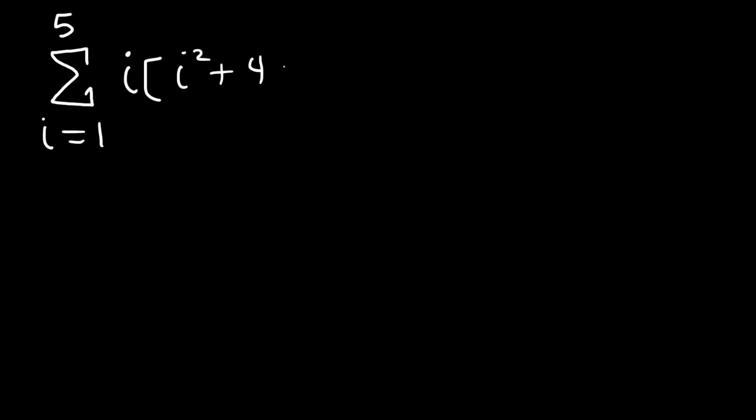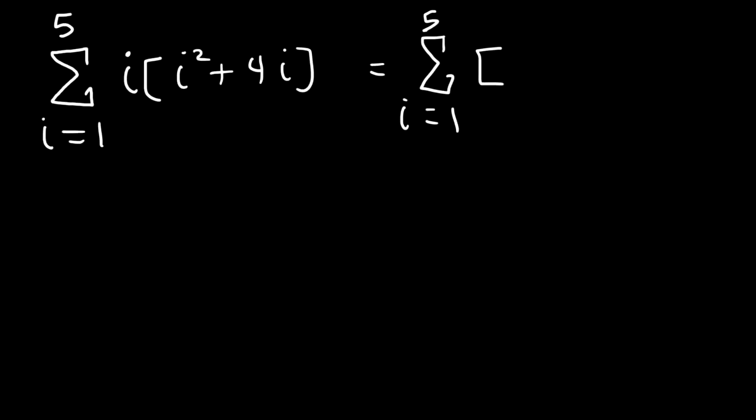Now let's work on a few practice examples. So let's say we have i times i squared plus 4i. Go ahead and try this. Now the first thing I recommend doing is to distribute the i to i squared plus 4i.